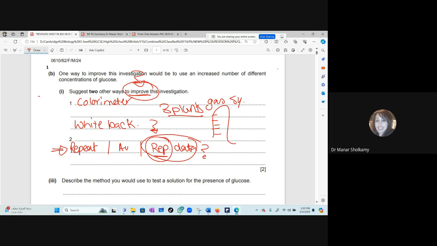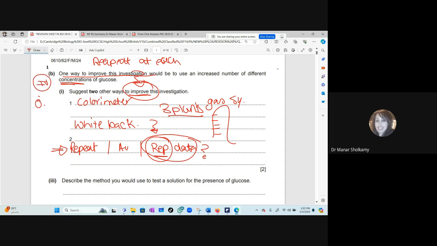I repeat, and it's good to say, I want to specify, I want to repeat, not just repeat at each concentration. This is important and this is very precise. Here, one way to improve the investigation is to use an increased number of different concentrations. We understand that in this investigation, the independent variable, I use different concentrations.